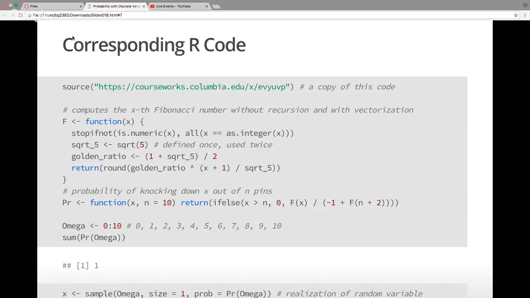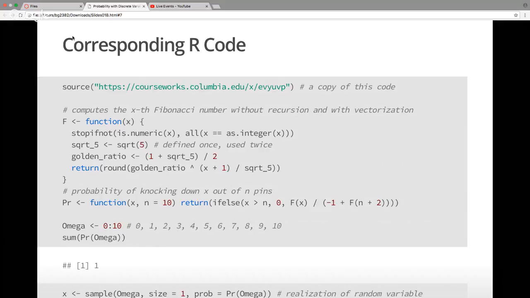So how do we obtain a realization of this random process? In R, there's a function called sample, which you can use to get a realization anytime the sample space is finite. So we pass in our sample space omega, say we want a sample of size 1, and then we need to give it a vector that is the same length as omega, specifying what probabilities to use to take this realization.